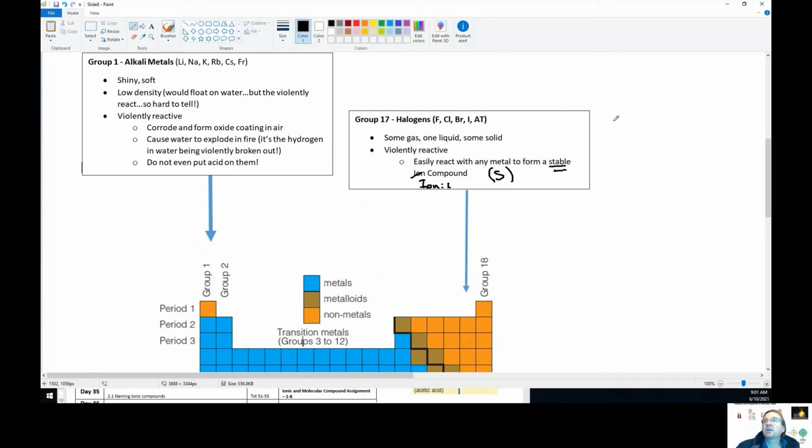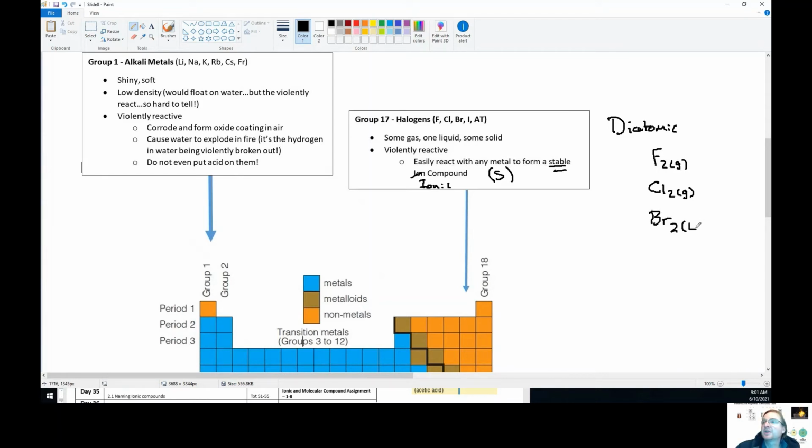Group 17 are all diatomic. F2 gas, that's how fluorine exists. Chlorine exists as Cl2 gas. Bromine, check it out on your periodic table. Take a look at where bromine's at, good old number 35. You'll see it's Br, and notice its state of matter.